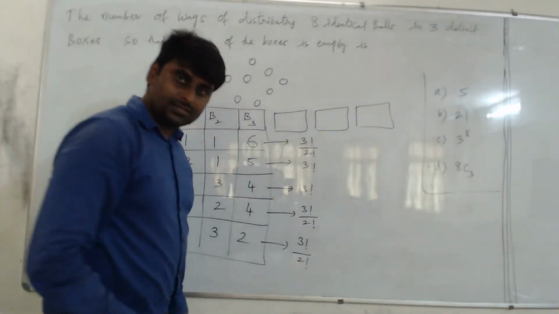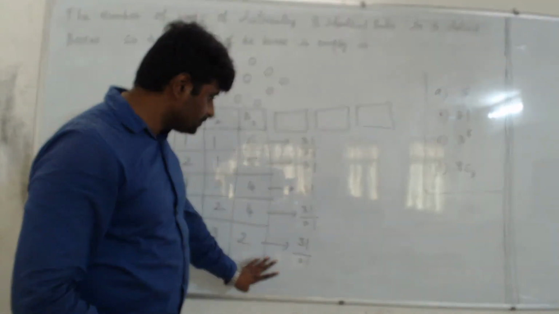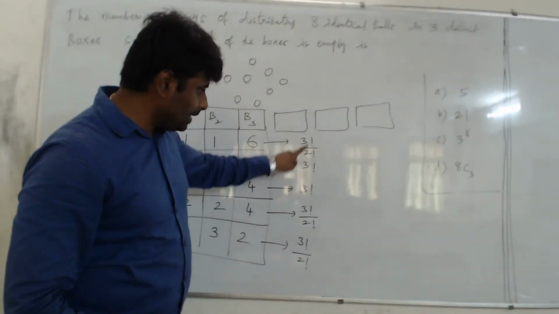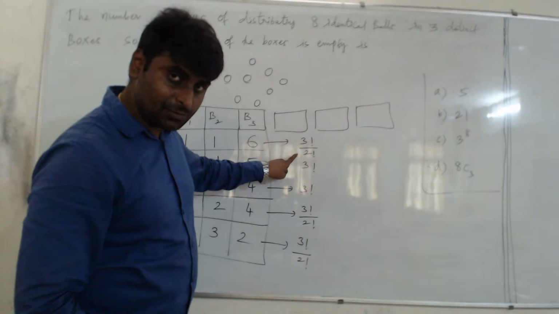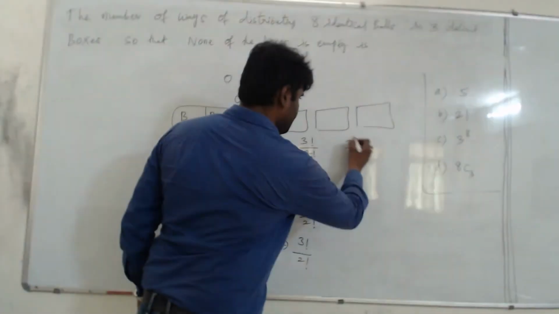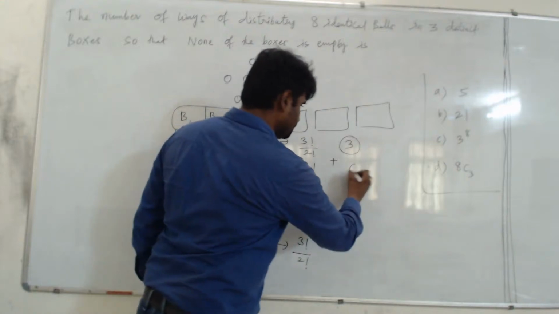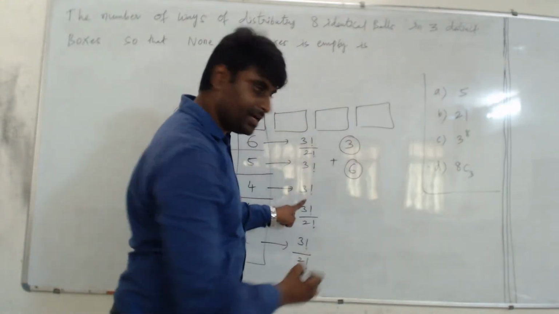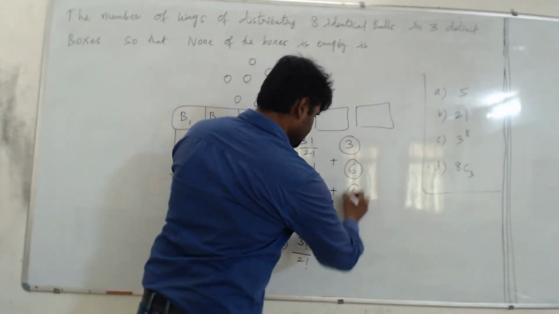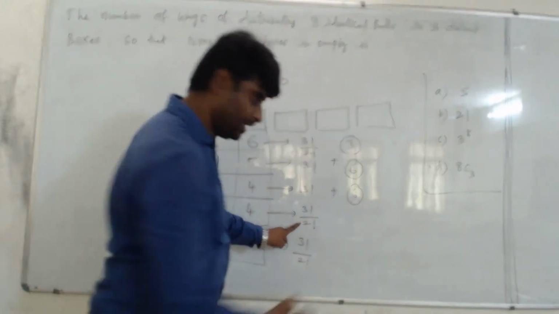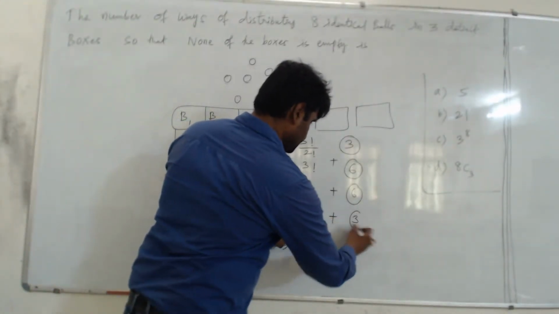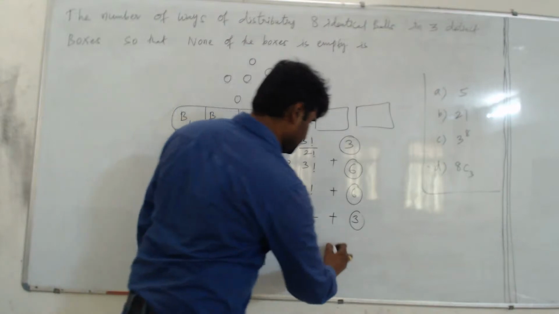That's it. So what is the total number of ways now? Here 3 factorial by 2 factorial, 6 by 2, 3. Plus, here 3 factorial, 6. Here 3 factorial again, 6. Here 3. Here 3 again.